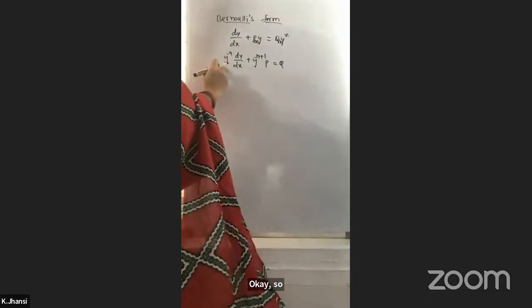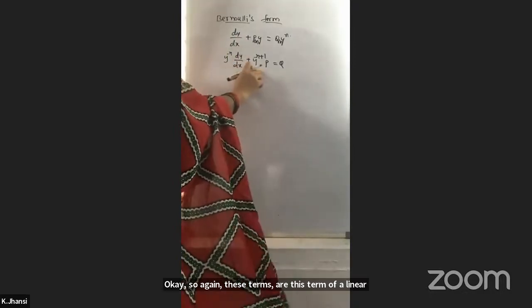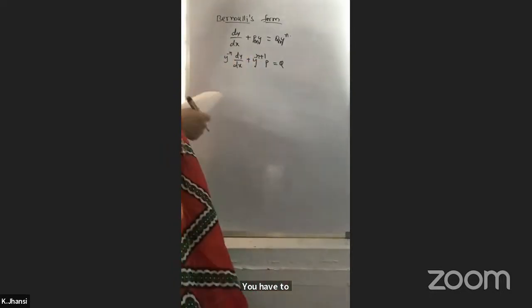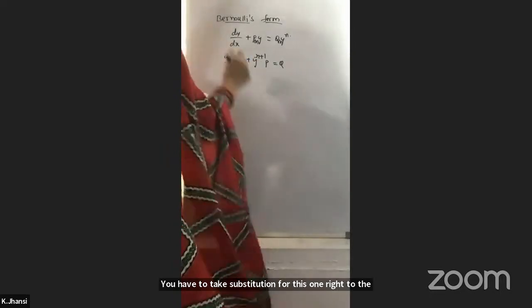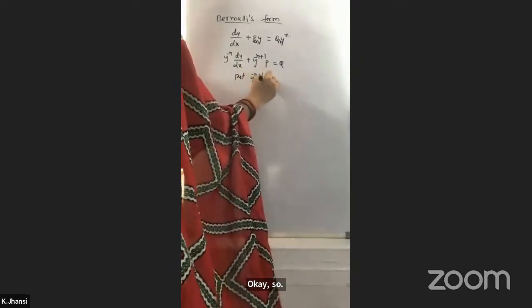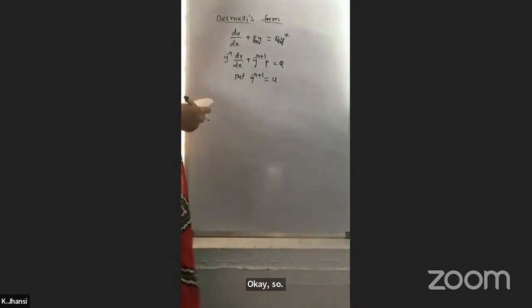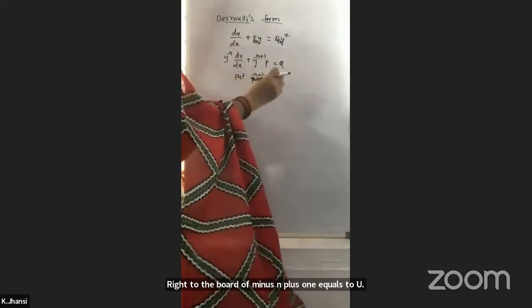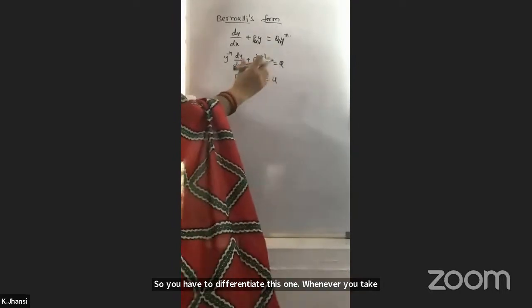To convert it to a linear differential equation, you have to take a substitution: put y to the power of minus n plus 1 equals u. You have to differentiate this. Whenever you take a substitution, you must convert everything into that variable.